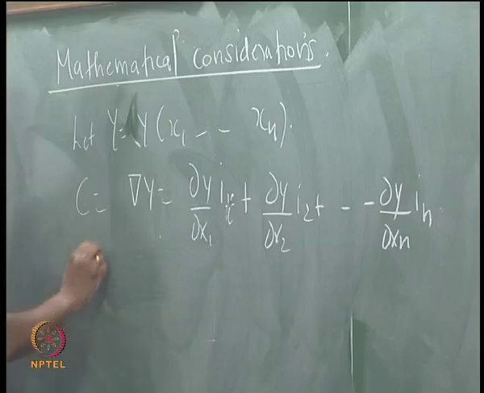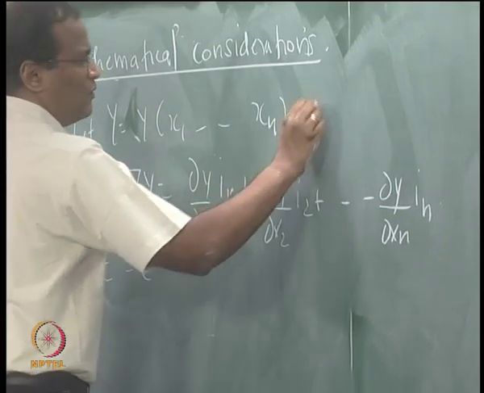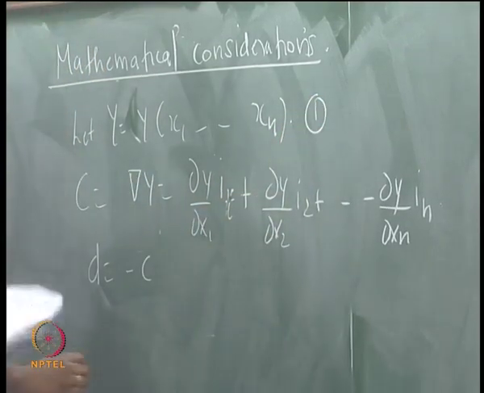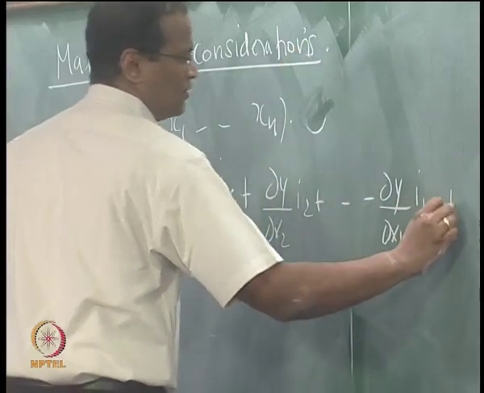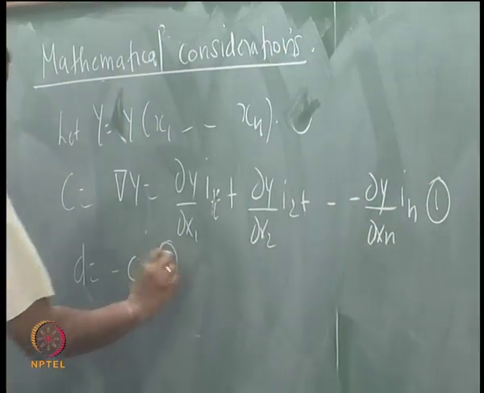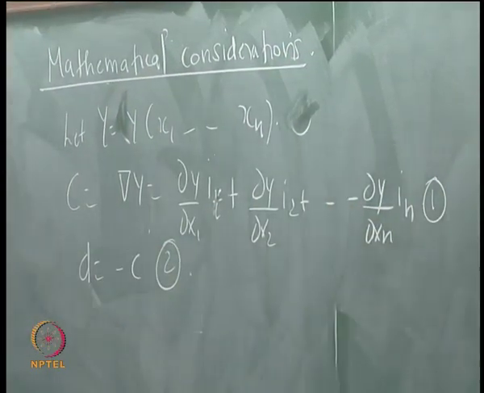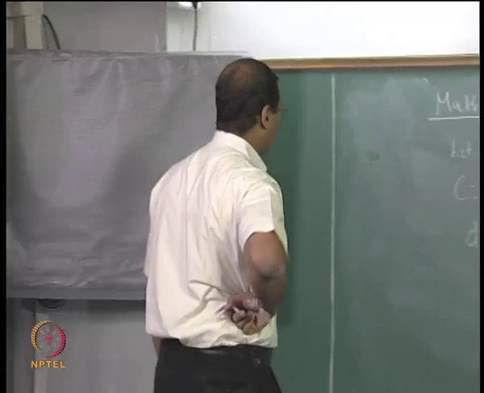I said D is minus of C. You can put the equation numbers, call this 1, this 2. So D is actually the minus of the gradient vector.